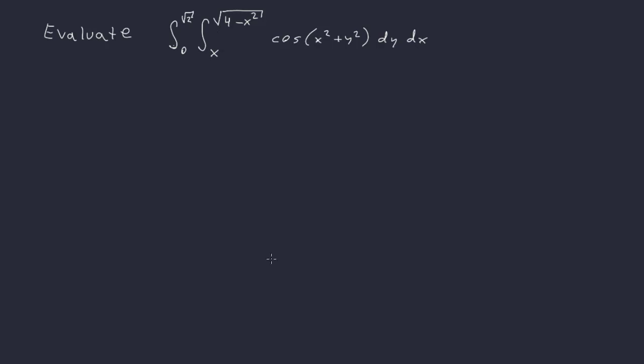So the first thing that leads me to believe that we want to use polar coordinates is, one, I see this x squared plus y squared, and I know in polar coordinates that that's just r squared. And I don't see the derivative of this sitting out here at all.